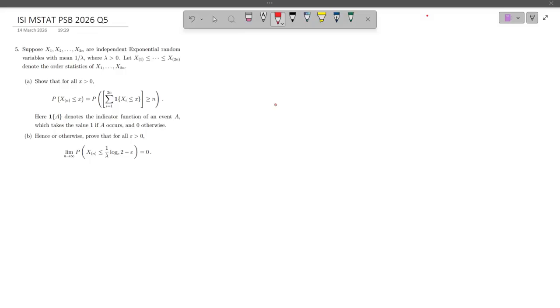Now let us go to part B. We need to show that the limit as n goes to infinity of the probability that the nth order statistic is ≤ (1/lambda) log_e 2 minus epsilon equals 0. To start, we first recall that Xi is exponential with parameter lambda.